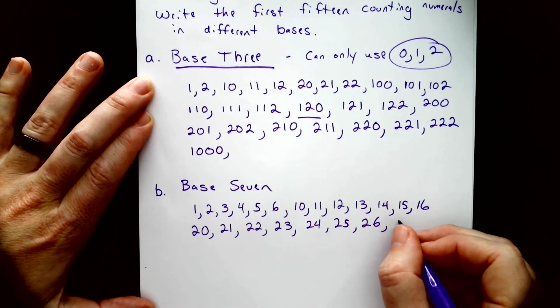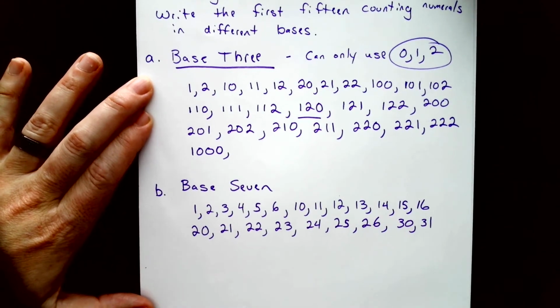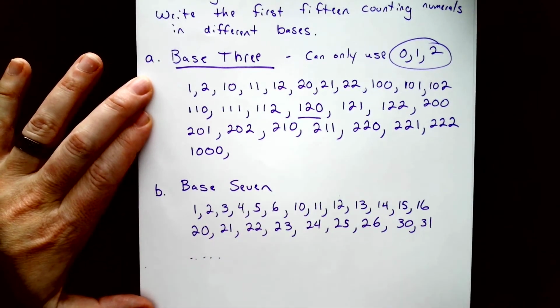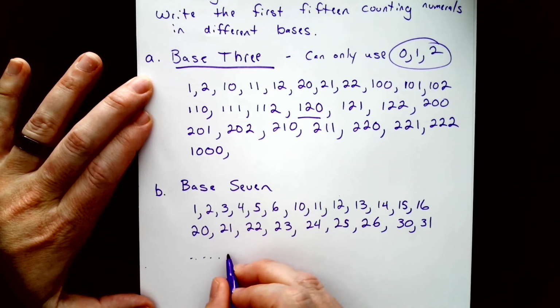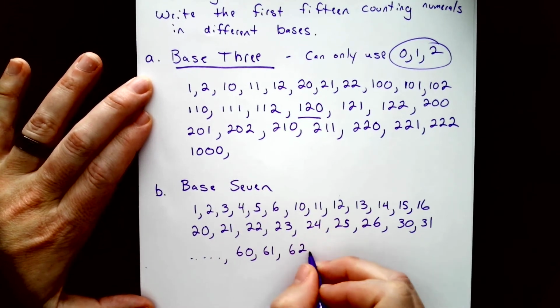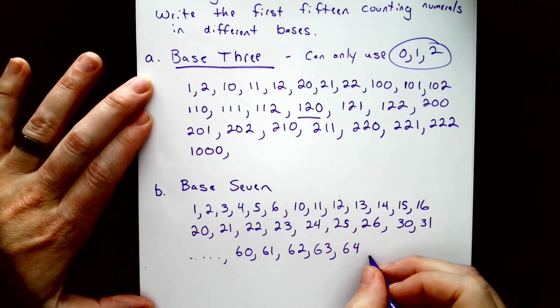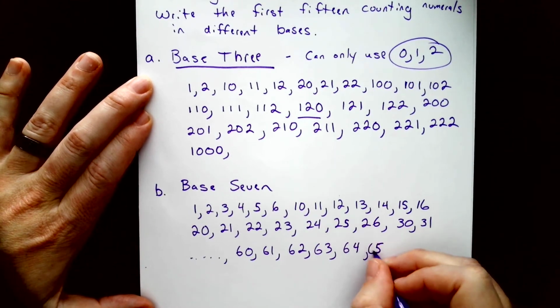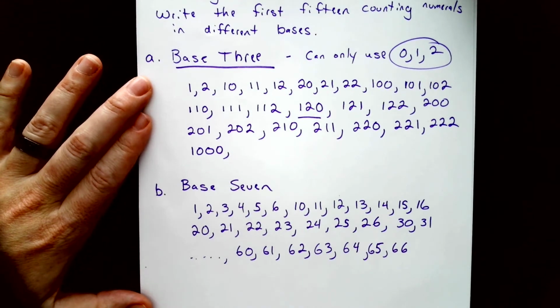Again, 3, 0, 3, 1, and so on and so forth. Until you got, let's put some dot, dot, dots, and say we get all the way to 6. Let's just do the 6s here: 6, 0, 6, 1, 6, 2, 6, 3, 6, 4, 6, 5, 6, 6. That's our last one because they're both 6s.